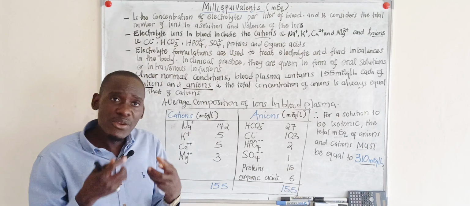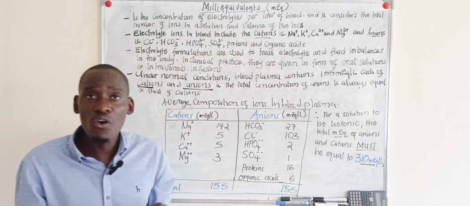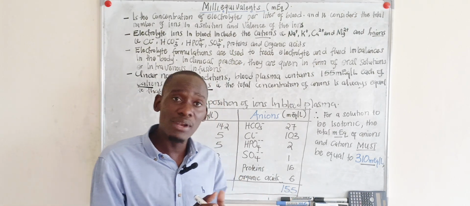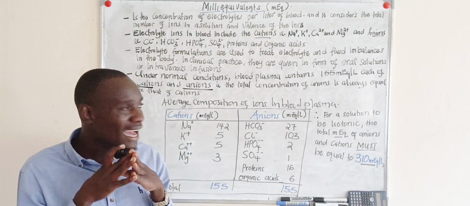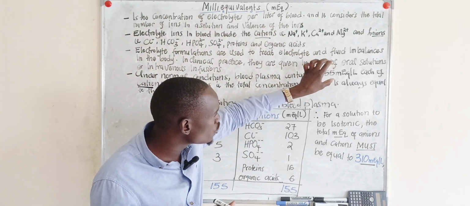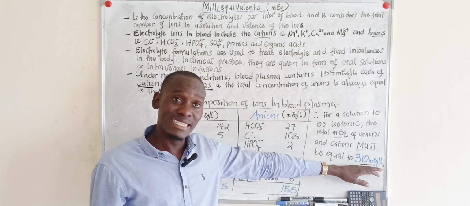Always, when we are adjusting solutions to isotonicity, or determining whether a solution is isotonic with blood plasma, it must have a total concentration of electrolytes equal to 310.